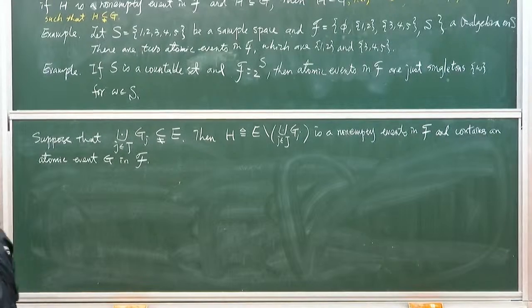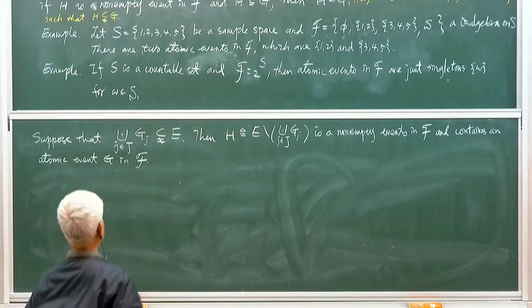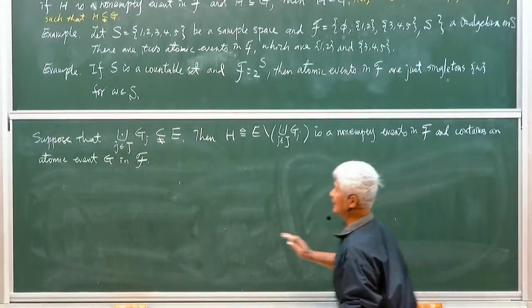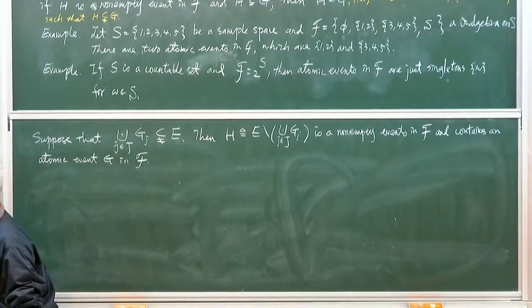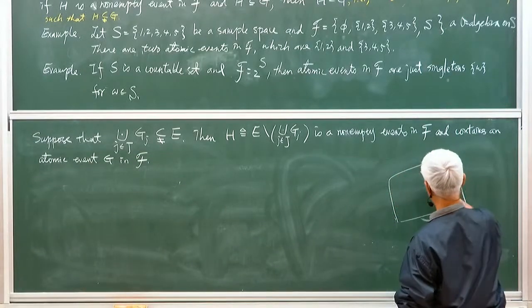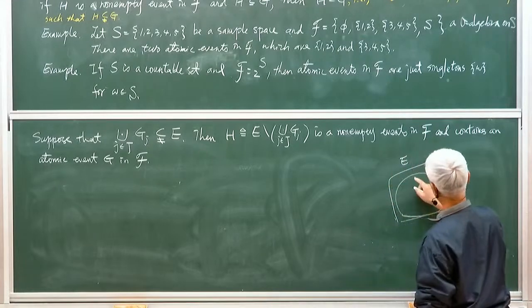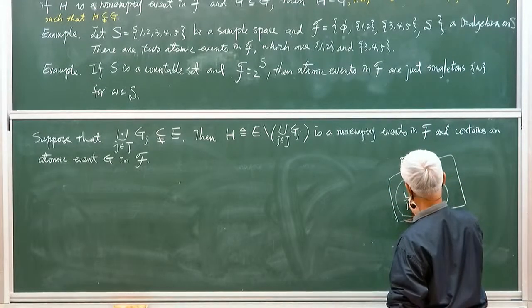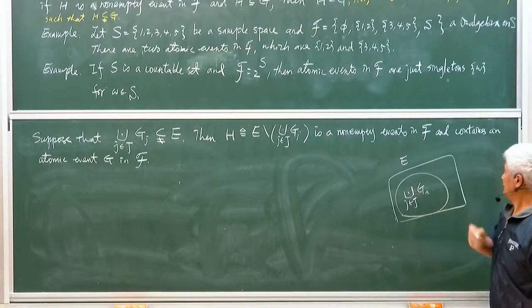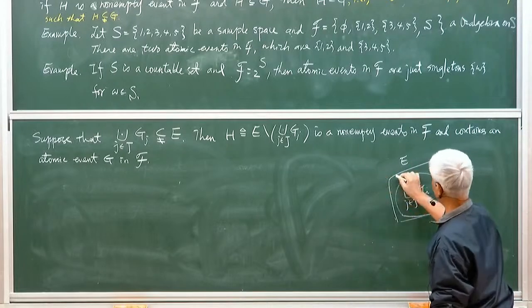What is that symbol between H and E? We check the union. This is event E, and we suppose the situation is like this, and H is just this area.